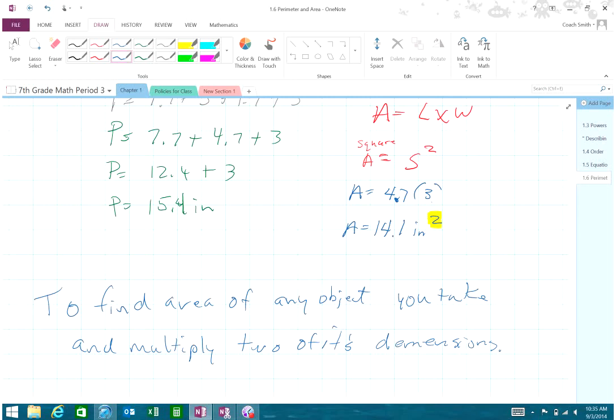Okay, the volume of this speaker, you would take the length times the width times the height. So how many dimensions did I have? 3. So on volume, it would be like 114.1 inches cubed.